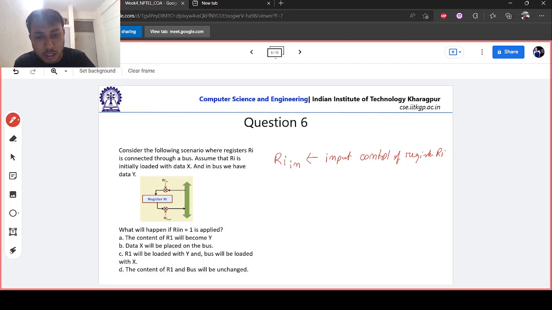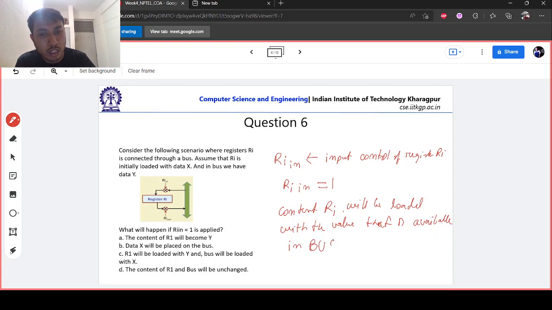So if Ri in is equal to 1, the content of Ri will be loaded with the value that is available in the bus.